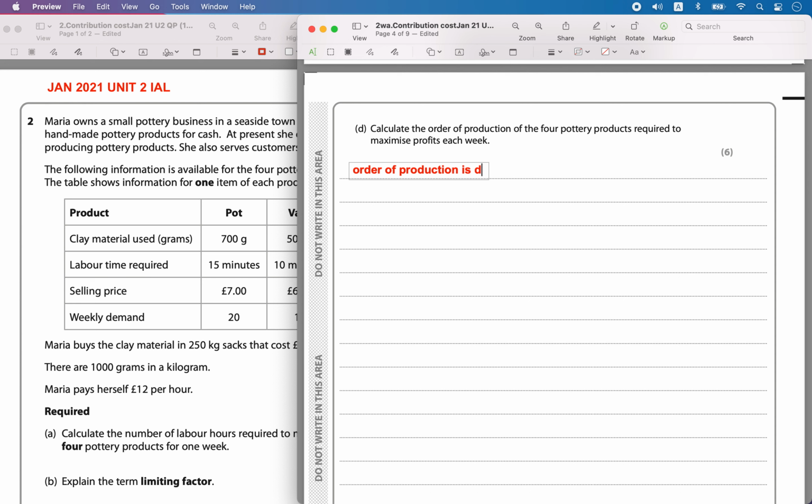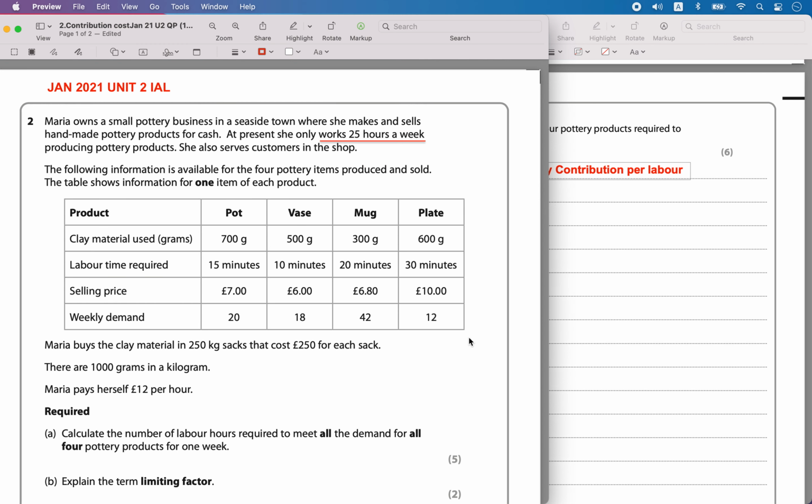The order of production is determined by the contribution per labor hour, because the labor is the constraint of production. Whichever is the constraint for production, that is what you use for calculating the order of priority.